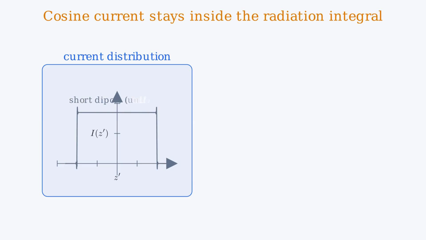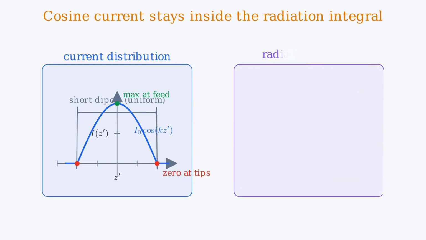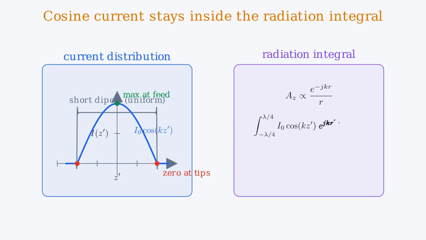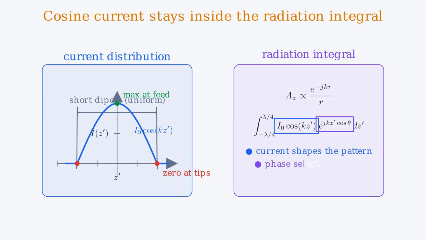The far-field vector potential integral now reads: the same 1 over r factor comes outside, but the integrand carries I0 cosine of kz prime times the source-dependent phase. Unlike the short dipole, we cannot pull the current outside because it varies along the wire. We evaluate the integral directly, and the result is a new pattern function.